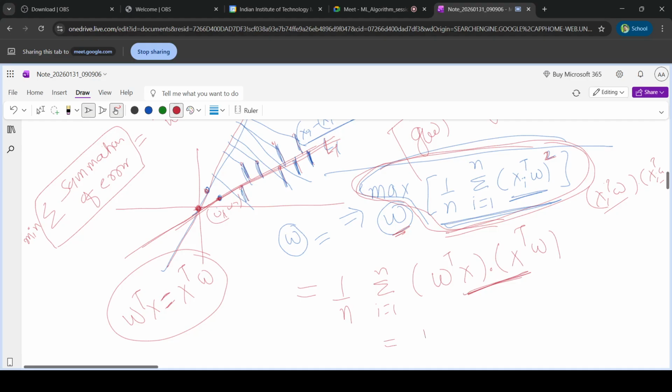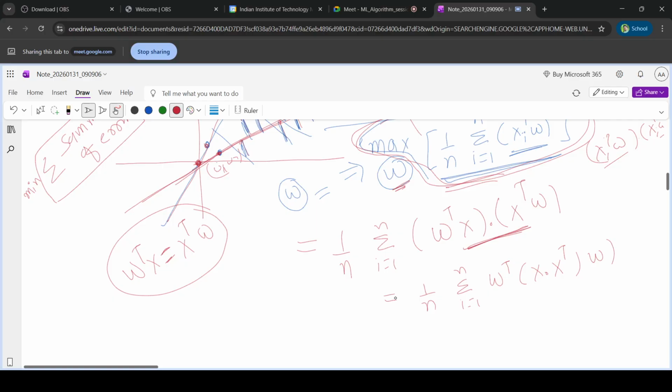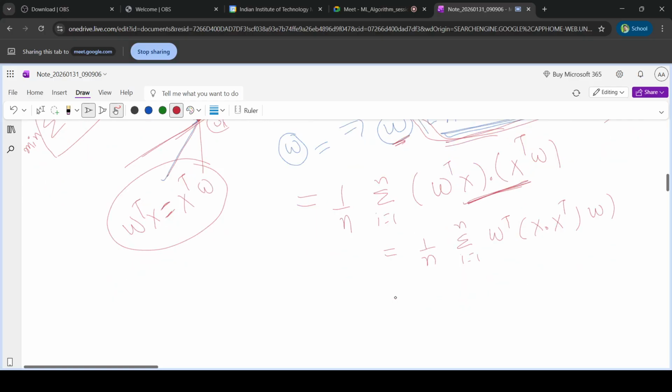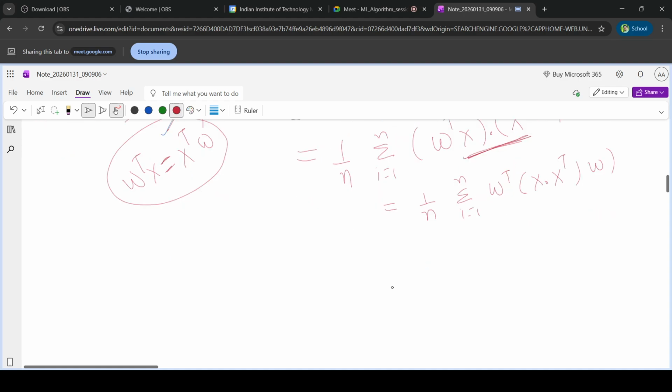Now I am just rearranging this. So what we do is W transpose X, we are now combining this matrix.